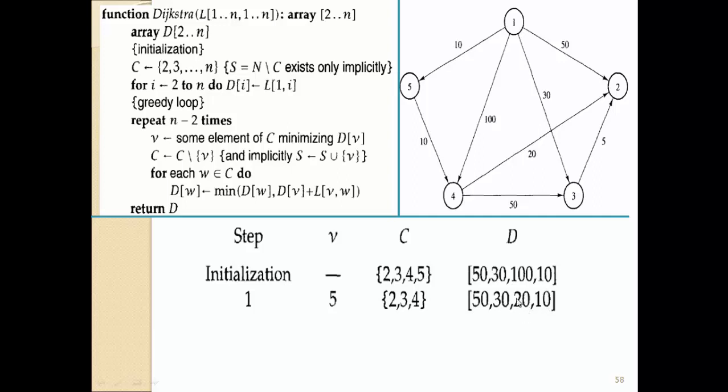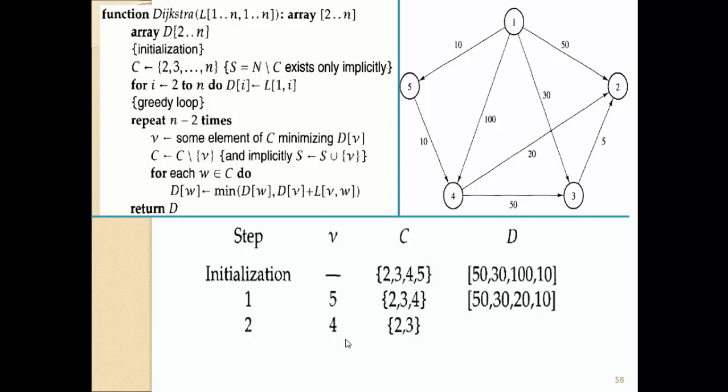Now the next one is 20. So 20 is the minimum from this list, and the corresponding node for the 20 is 4. That is 1 to 4, and the length is 20, right? So as per our steps, we have to remove 4 from this C, and we have to store it inside the V. So V will be 4 and C will be 2 and 3, because we are removing 4.